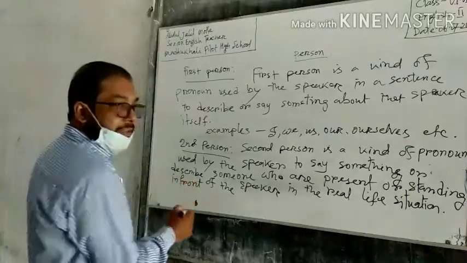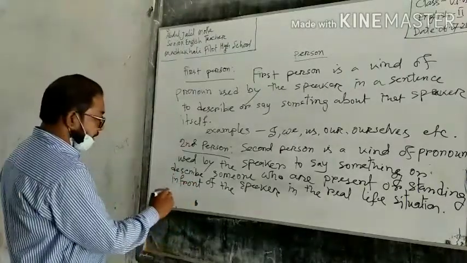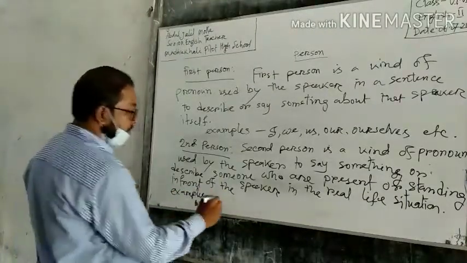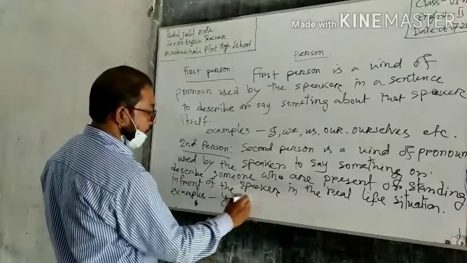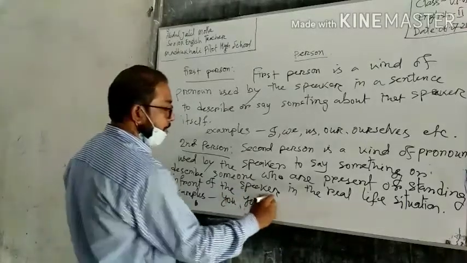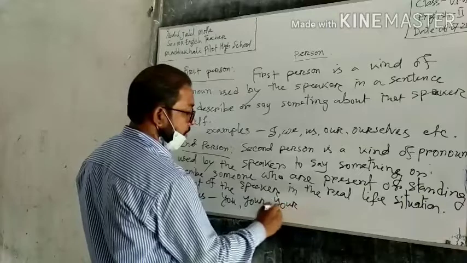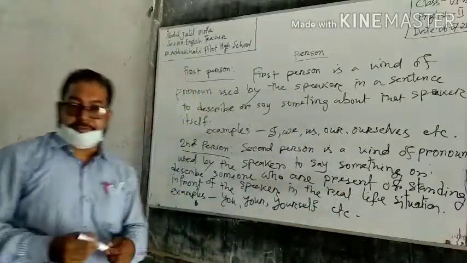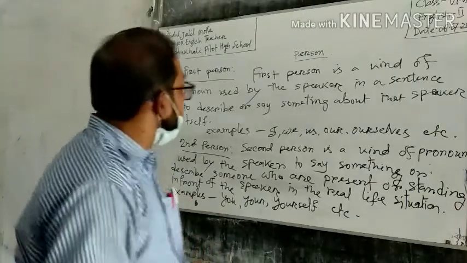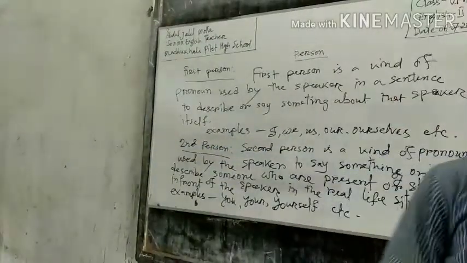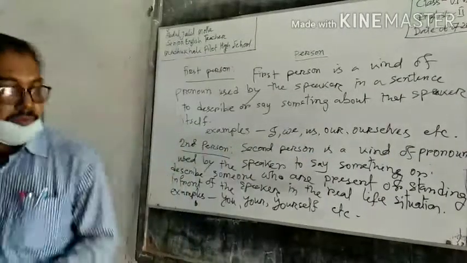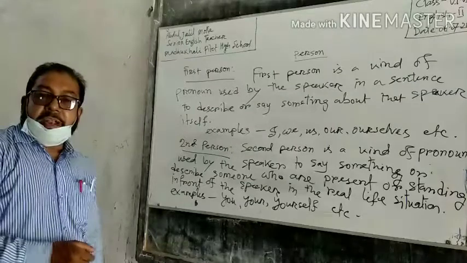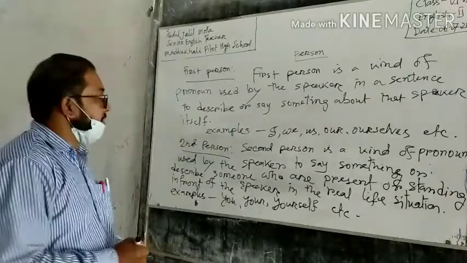Now I am giving some examples of second person: you, yourself, etc. Okay? I think you have got the point, and I am able to clarify the idea about the different kinds of persons.